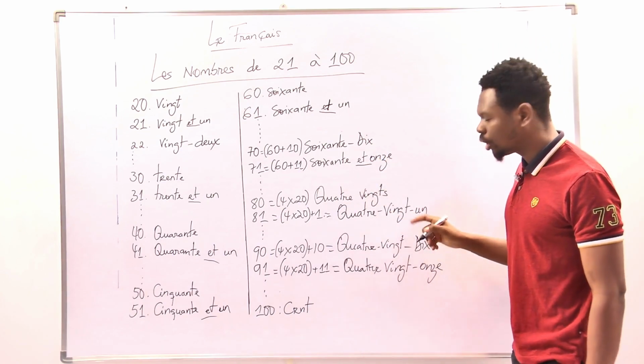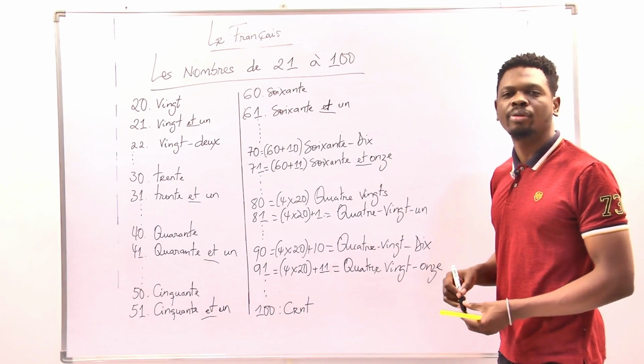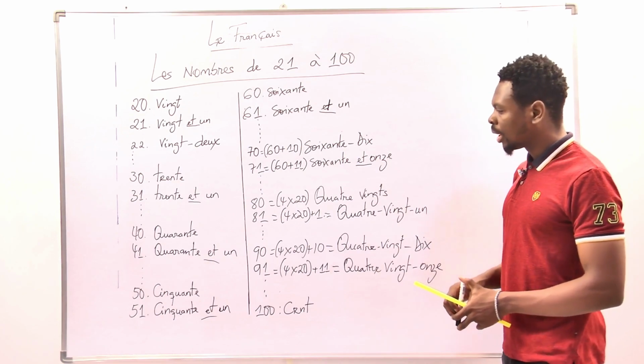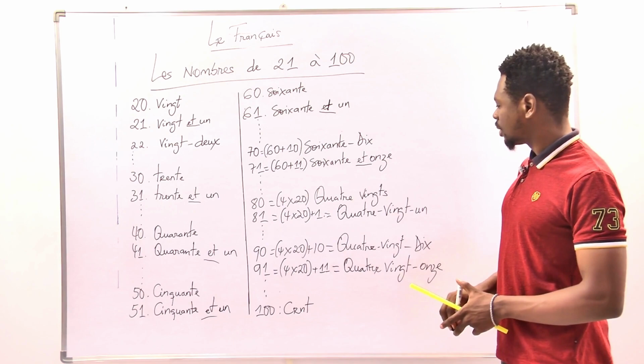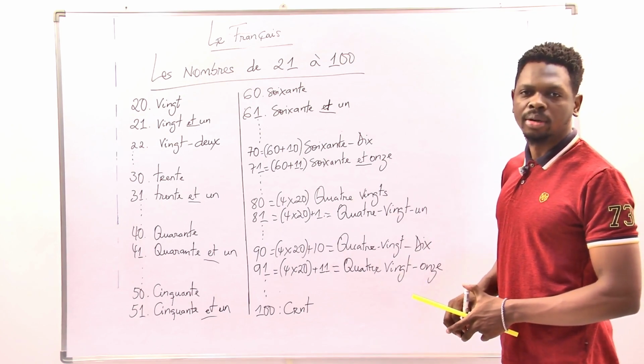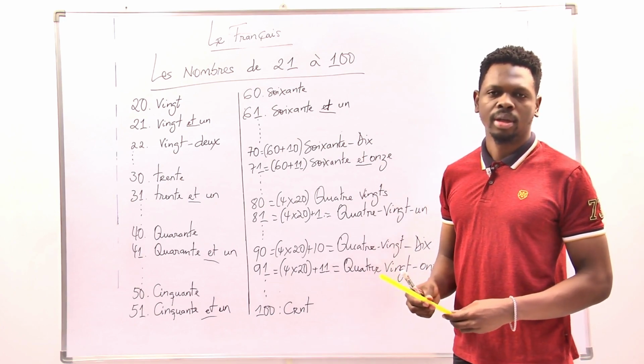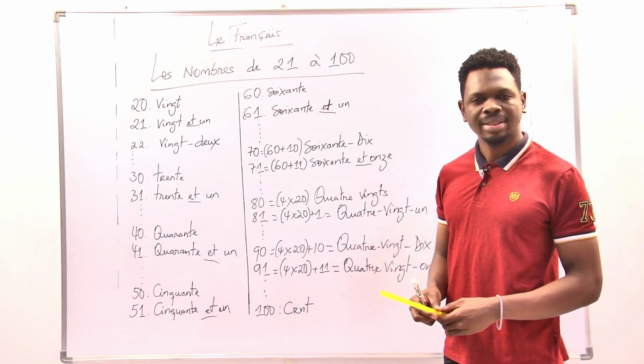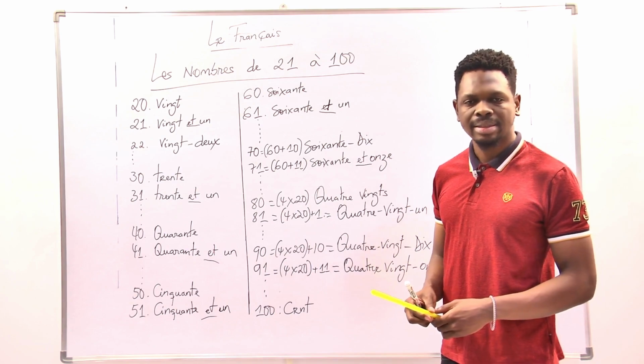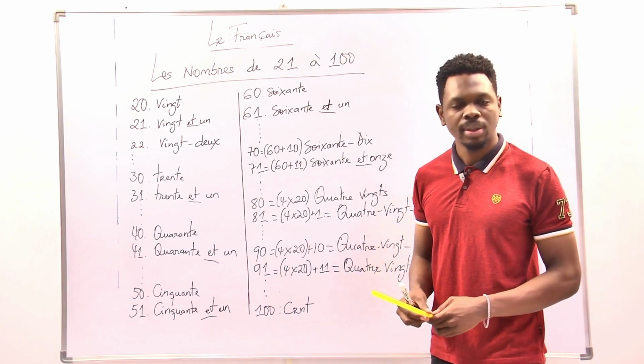But here we do not put et. So you say 81. You continue 82, 83, 84, 85, 86, 87, 88, 89.